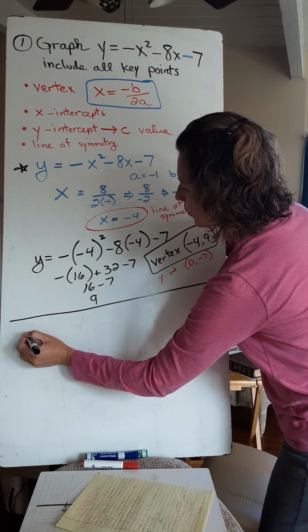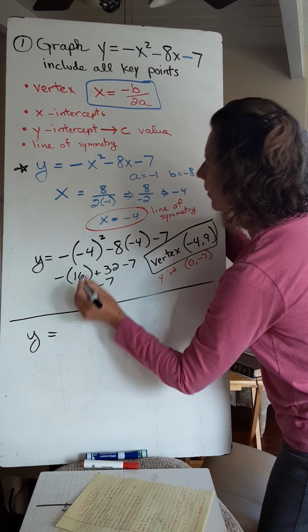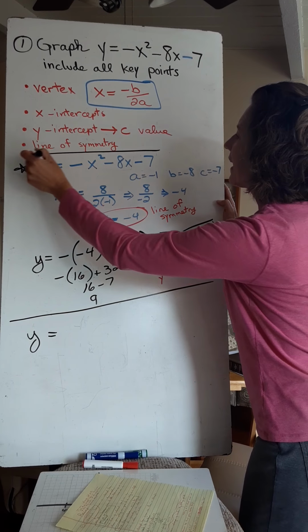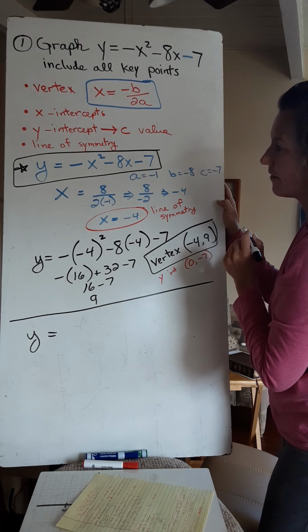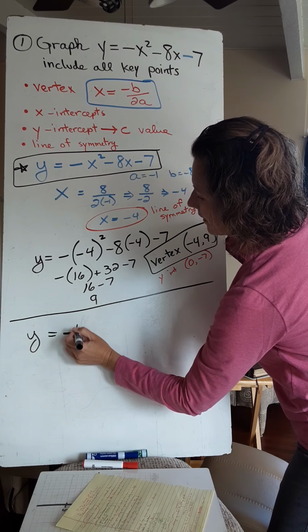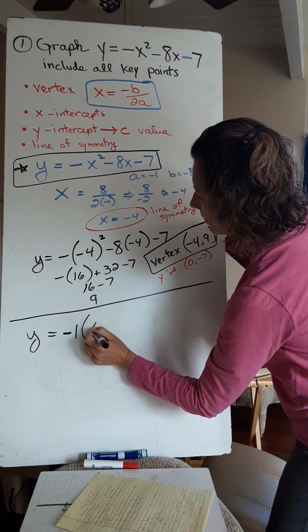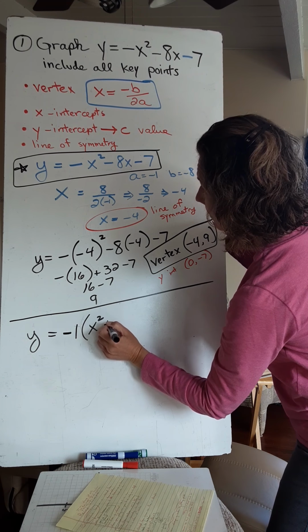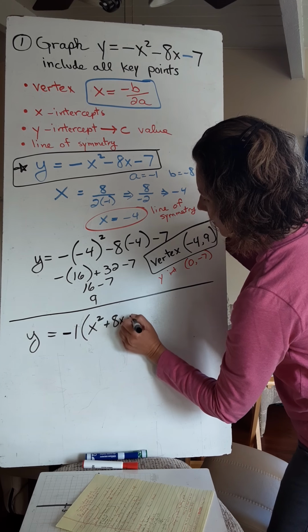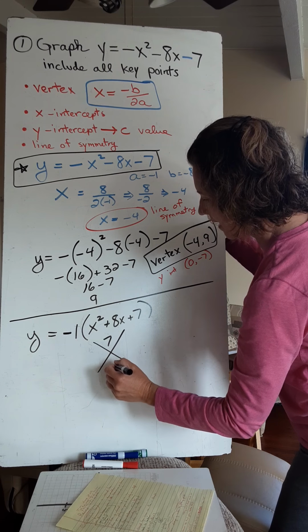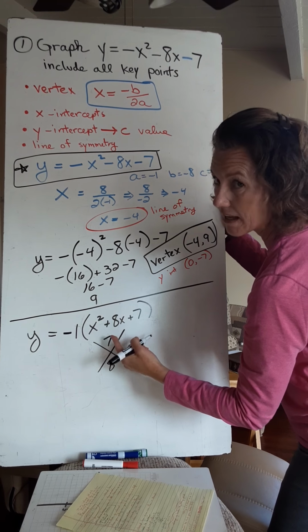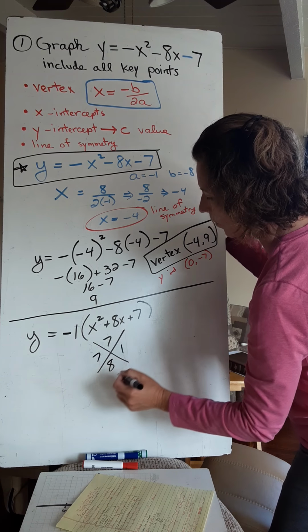So if you remember, hopefully you remember, when you have a negative, what do we want to factor out as our GCF? -1 comes out. We get x squared plus 8x plus 7. We factor this. What times what is 7 that adds up to 8? 7's prime, so it's just 7 and 1.